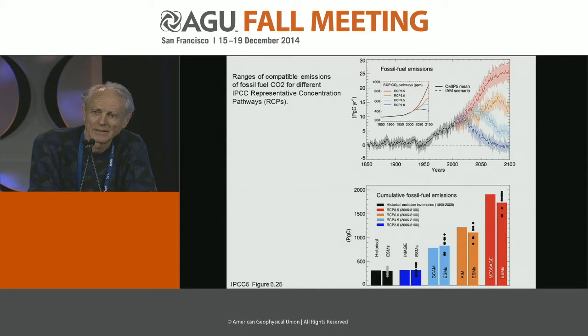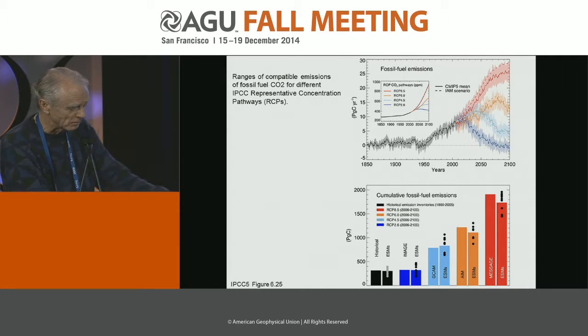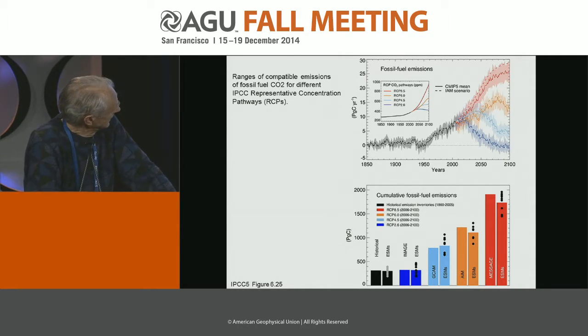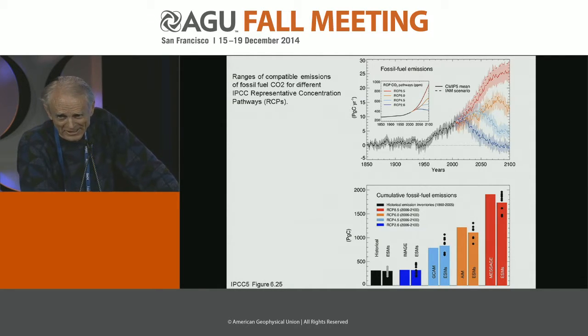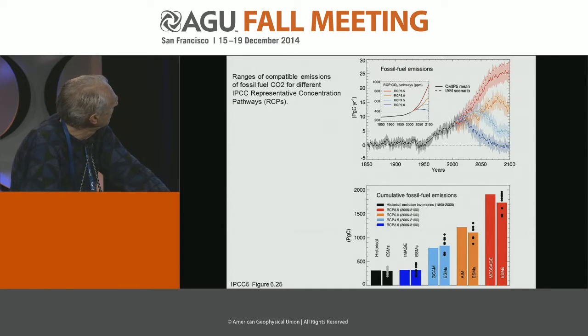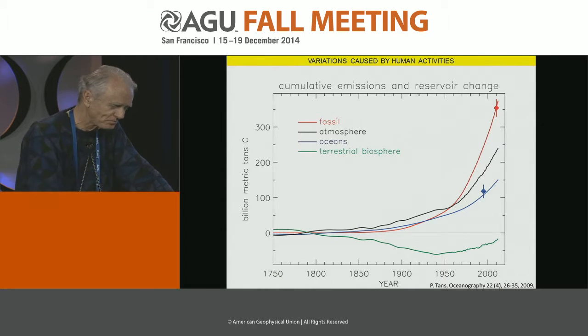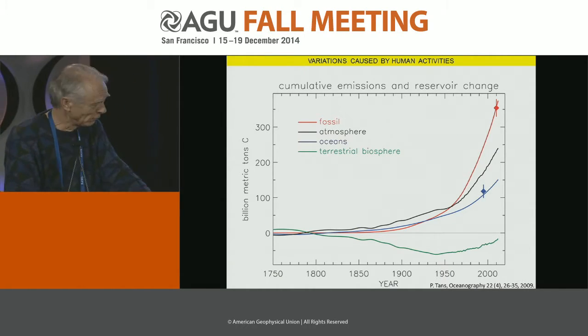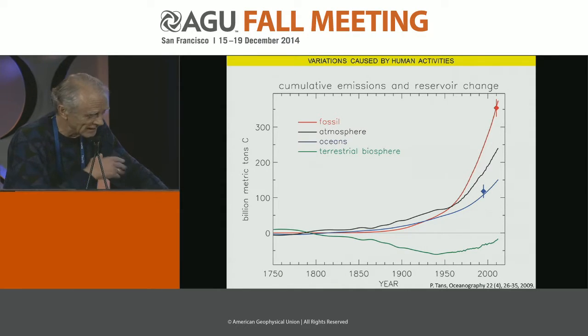It's basically that these models are not all that good in portraying the past, what happened in the past. So it would certainly decrease my faith in these projections for the future. Okay. Now this is a diagnostic model of where it might have gone.